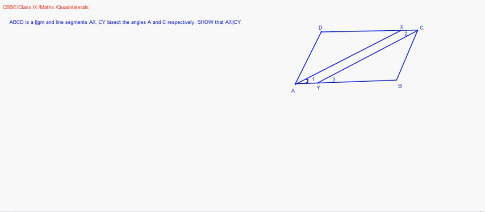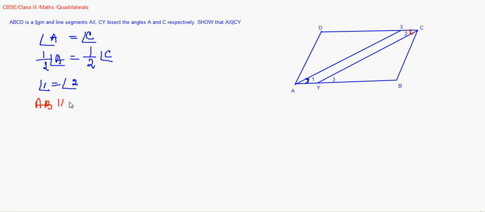Because ABCD is a parallelogram, angle A will be equal to angle C, and because AX and CY are the bisectors, half of angle A will be equal to half of angle C. That makes angle 1 equal to angle 2, because this part which I have marked is half of angle A and this part is half of angle C. Now it is already given that AB is parallel to DC, thereby making angle 2 and angle 3 equal as well, as they are alternate interior angles.